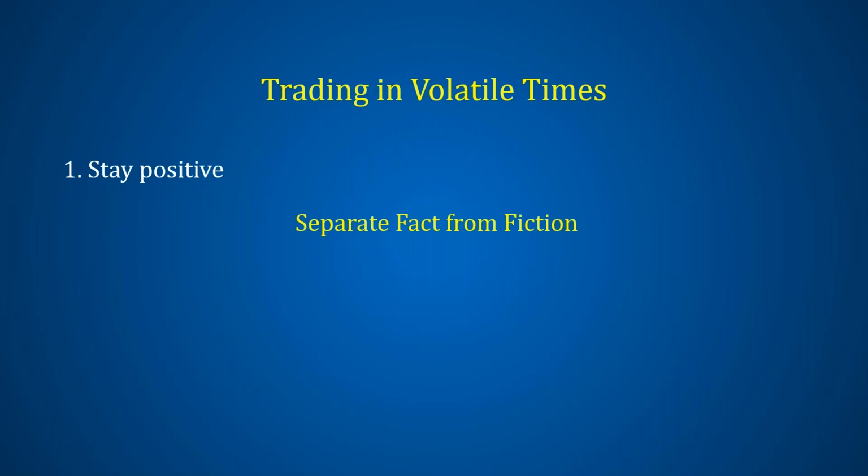separate fact from fiction. Whenever some major event happens in the world, it doesn't matter what it is, there are rumors flying, there's all kinds of misinformation, there's a million things that go wrong. And even with this coronavirus, the information we're getting is so scattered, and it's almost impossible to track it and even know what to do. Some places say you've got to wear a mask. Well, you can wear a mask unless you don't want to.